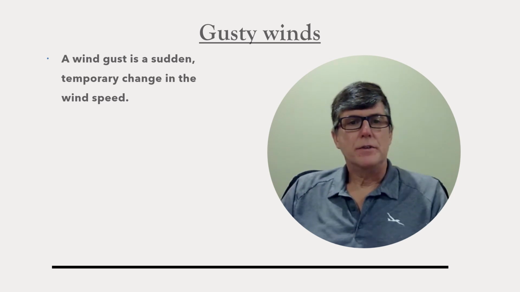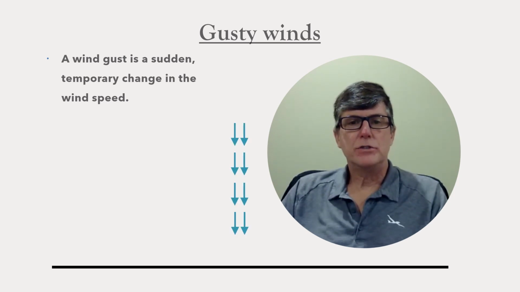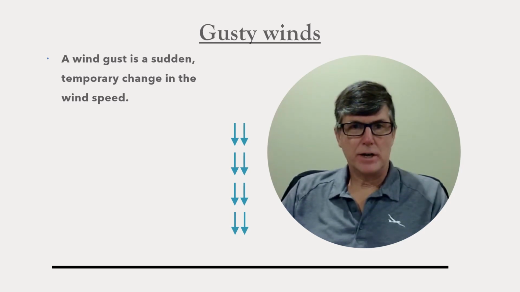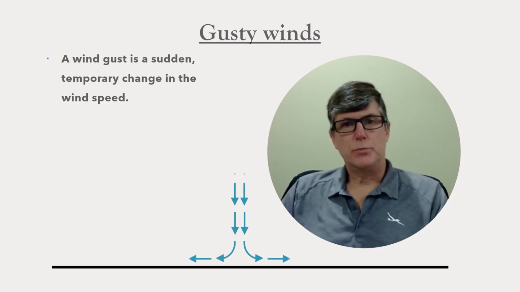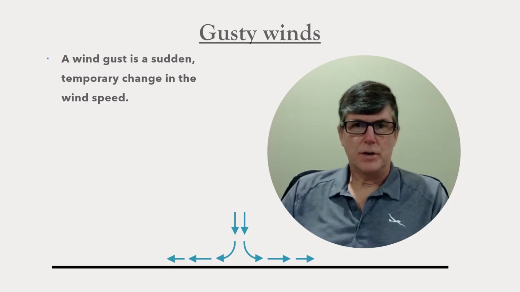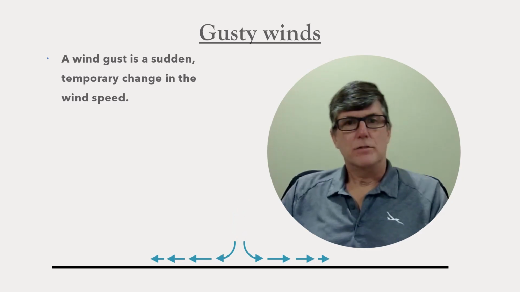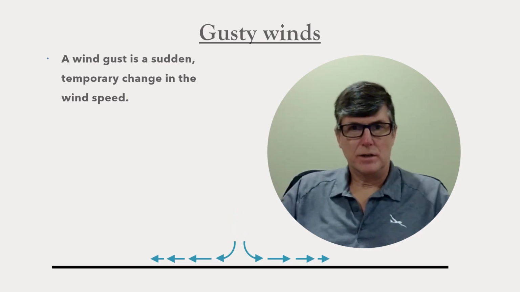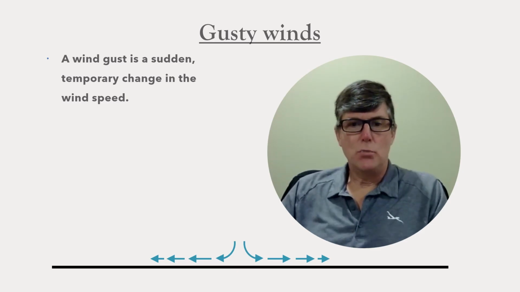A wind gust is a sudden, temporary change in the wind speed. Gusts are caused by vertical columns of air that strike the ground and spread out. As they spread out, the velocity drops off. The vertical column and the gusts along the ground move around with the steady wind.